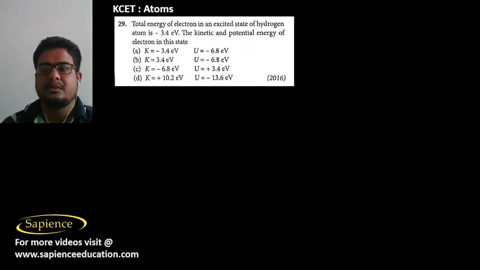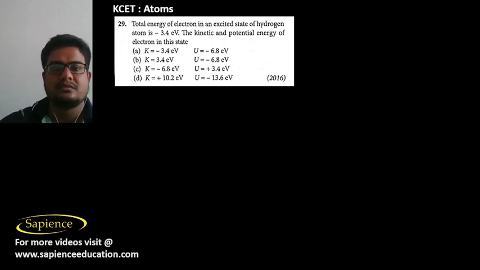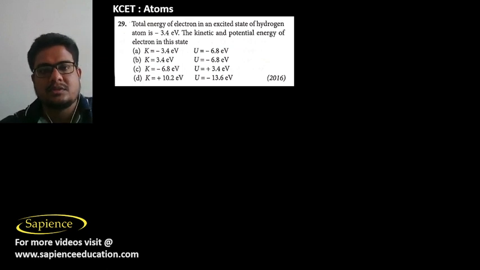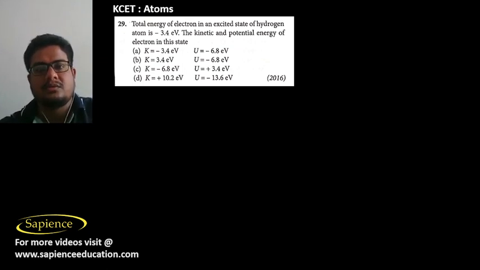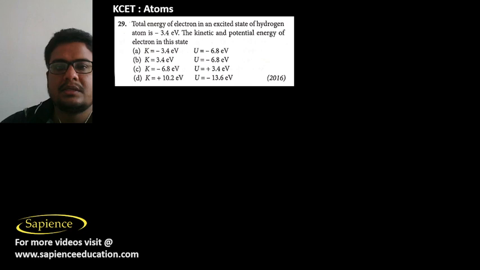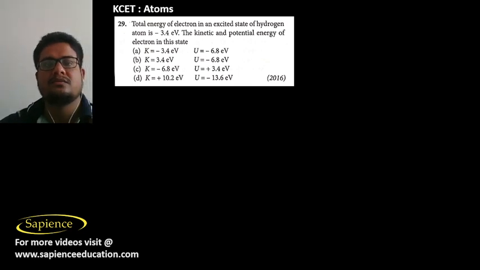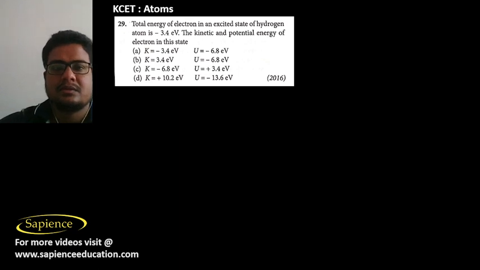In question number 29, it is told the total energy of an electron in an excited state of hydrogen atom is minus 3.4 electron volt. The kinetic and potential energy of the electron in this state is? So we know that the potential energy equals minus twice the kinetic energy.